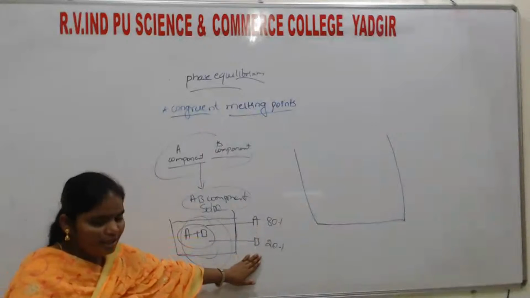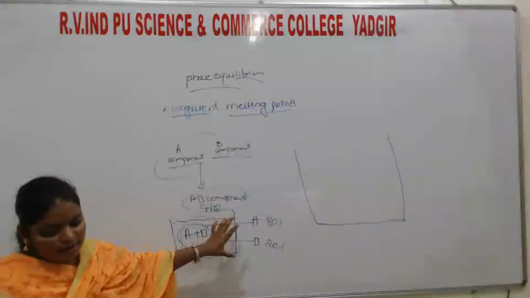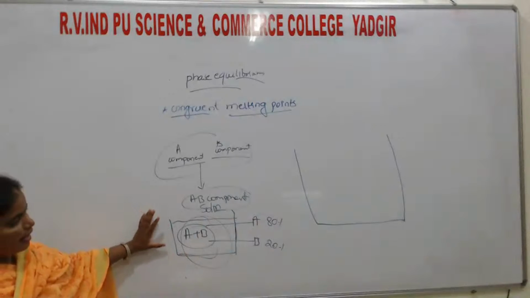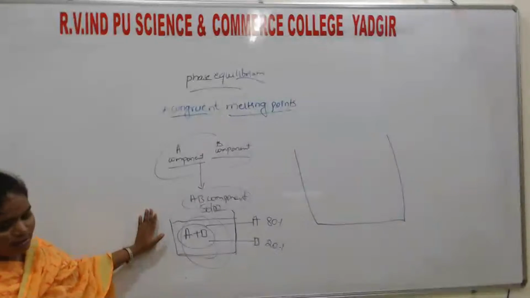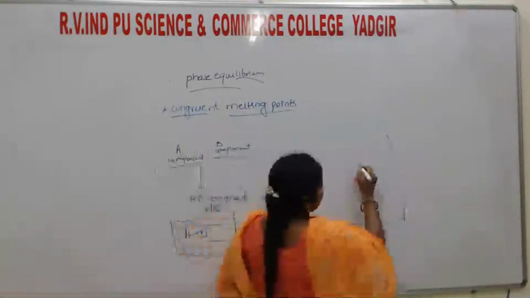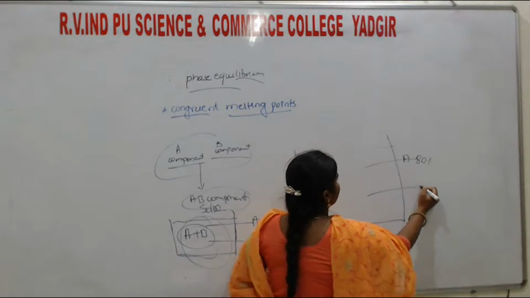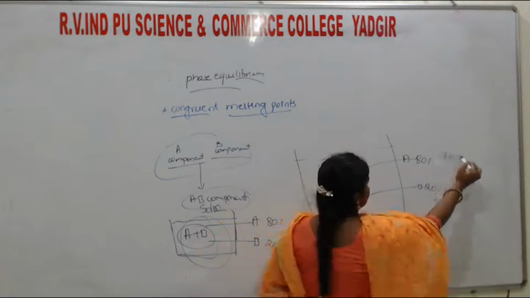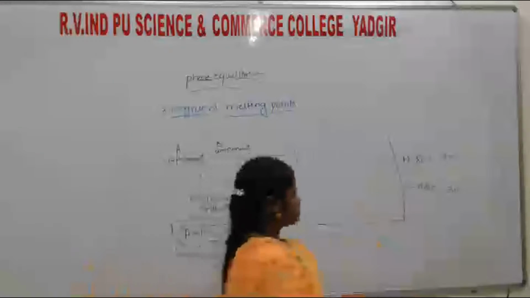A is A and B is B; they do not combine, and neither component loses its identity. Again I take a container with 80% of A and 20% of B, or any composition such as 70% and 30%.